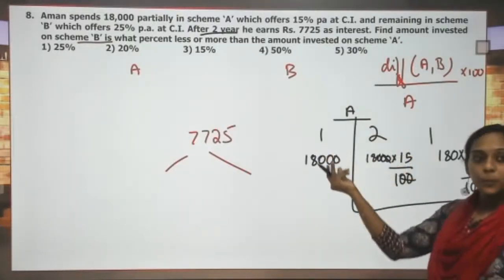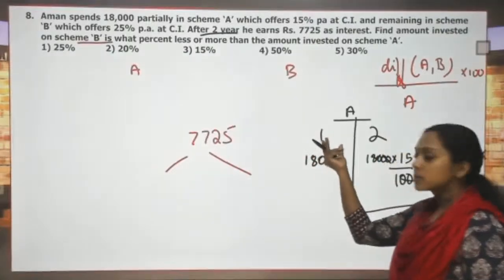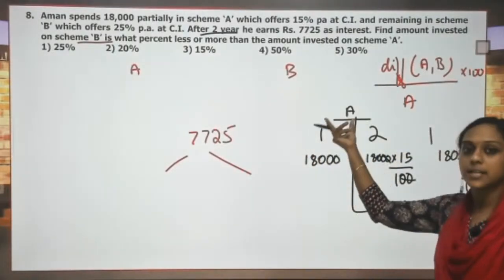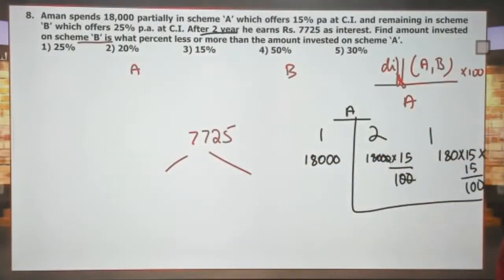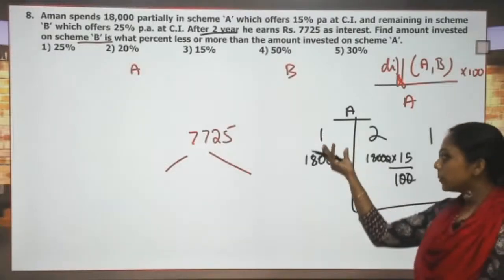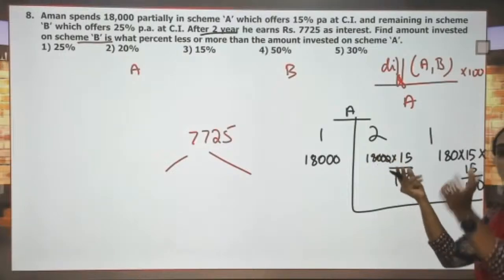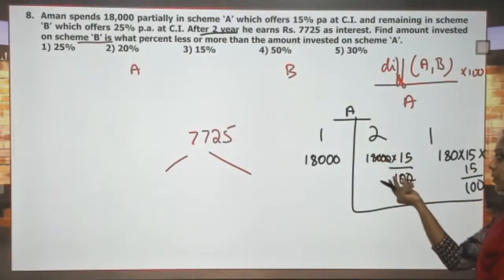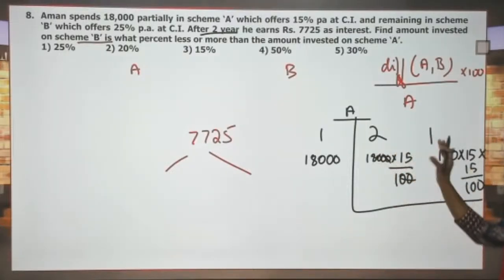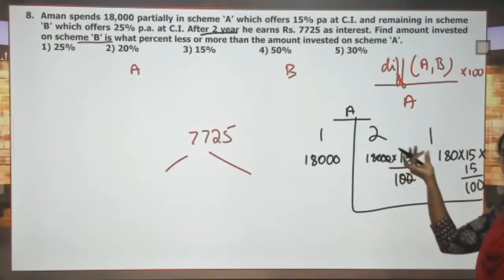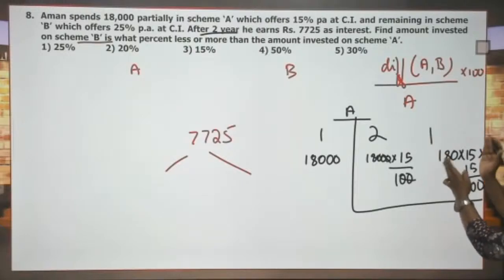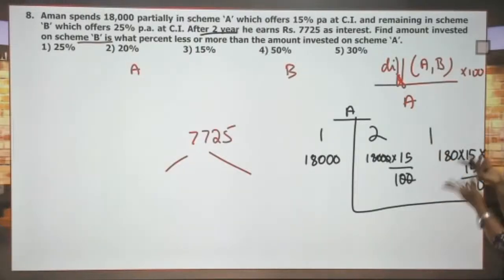Once again I repeat: it is 2 years, so you can take the coefficients as 1 to 1. Now apply the rate. Your principal is 18,000, and next is 18,000's 15%, which is 180 into 15. Next part is 180 into 15 into 15 by 100.